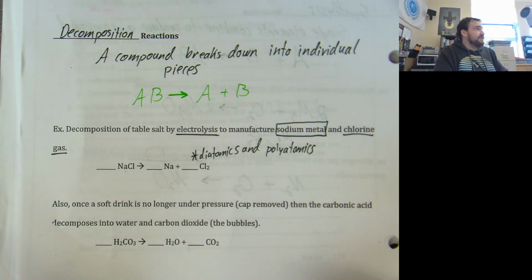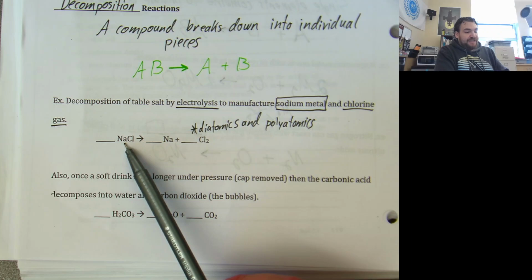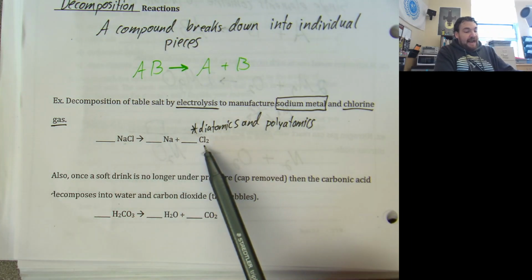Those are the diatomics. They form the number 7 up in the top right-hand corner. And phosphorus and sulfur are also polyatomic, P4 and S8.